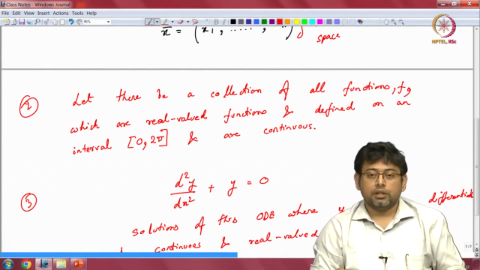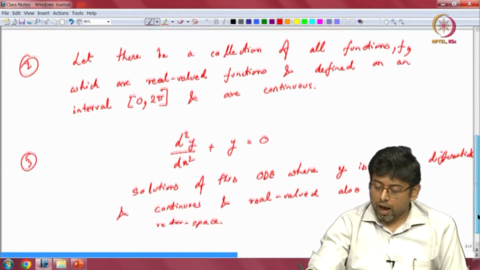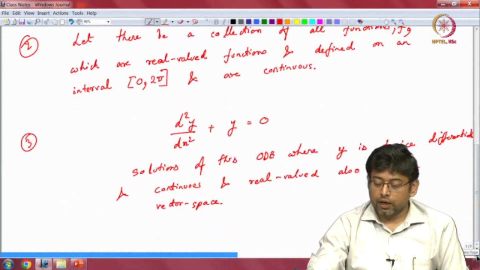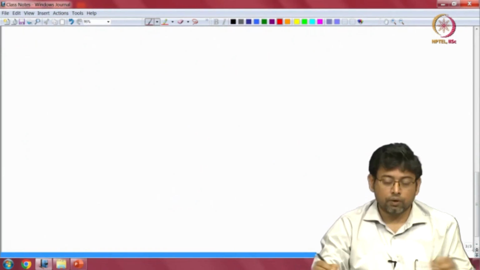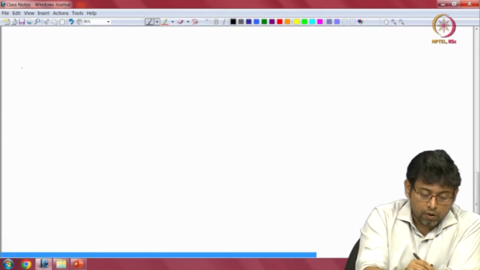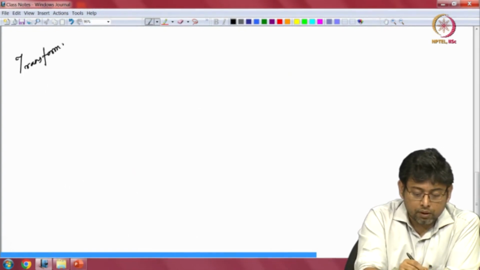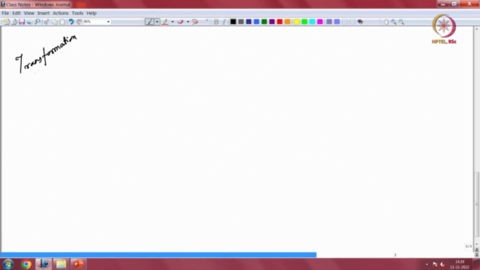So these are all good examples for us to look at, and then we did transformations, right? So we were talking about transformations. Now in transformations, the type of transformation will obviously depend upon what vector space you are working on and what you really want out of it.